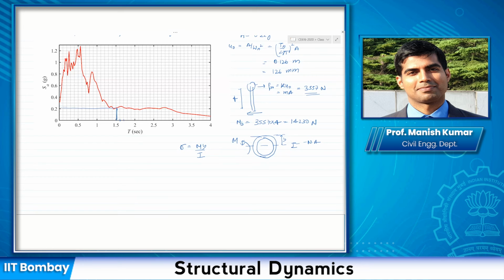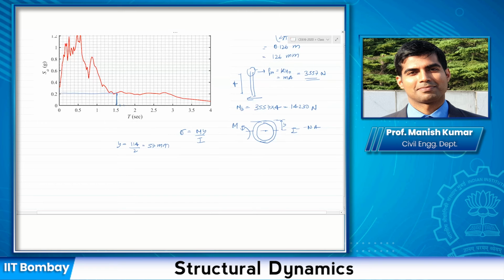Now, the peak distance from the neutral axis in this case would be half of the outer diameter. So y would be 114 by 2. So 57 mm would be the y value.